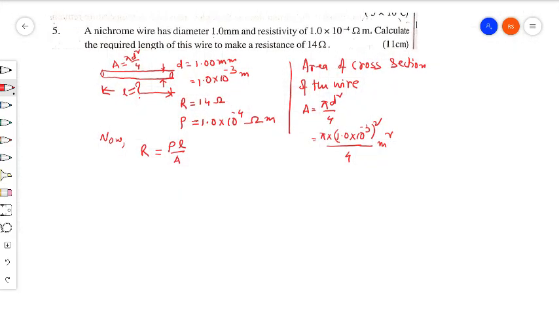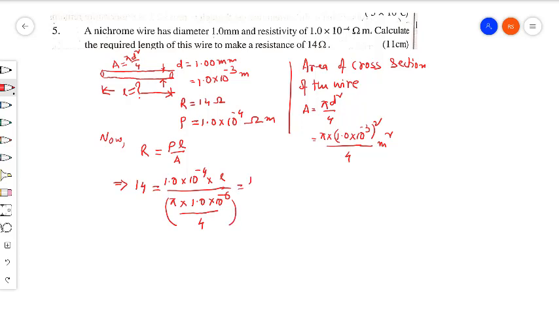Now substitute R equal to 14 equal to rho. Rho is given as 1.0 into 10 to the power minus 4 into L divided by A, which is pi into, so this square is 1.0 into 10 to the power minus 6, divided by 4.